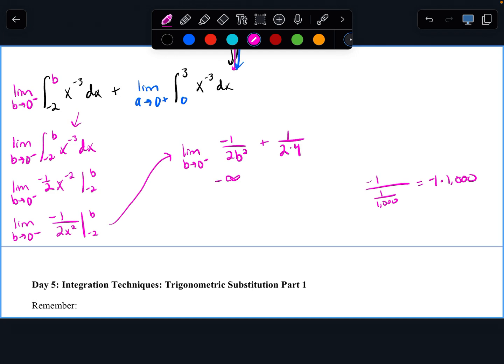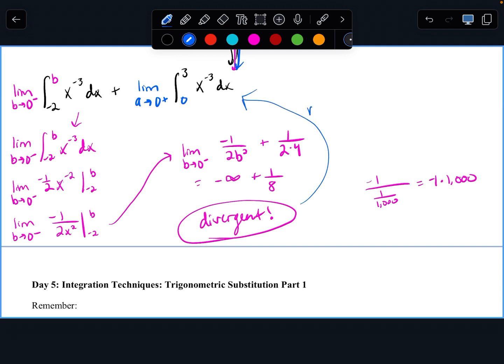I get a negative infinity, which is what I want. Oh, negative infinity plus a little plus 1/8. Don't care, because I can just write divergent. This is happy news, so I don't even need to bother. Okay, so there you go.